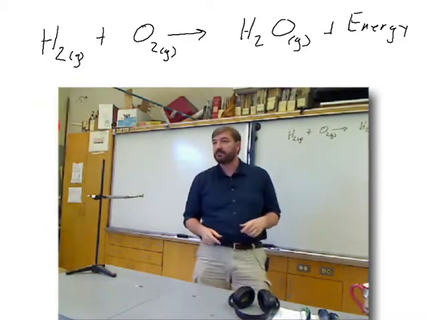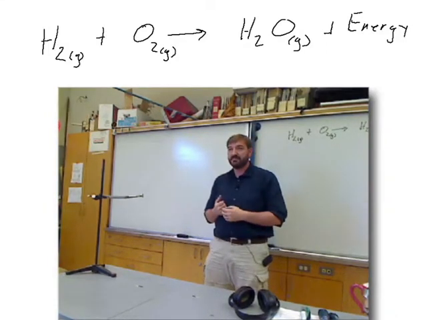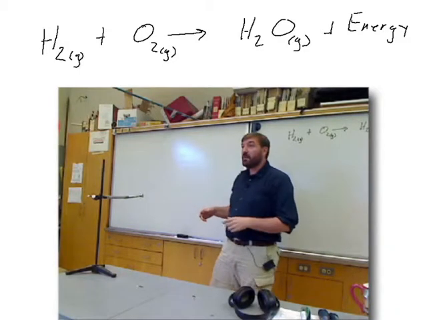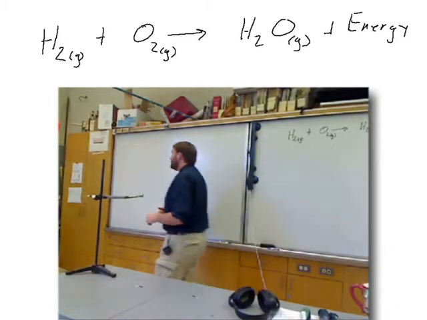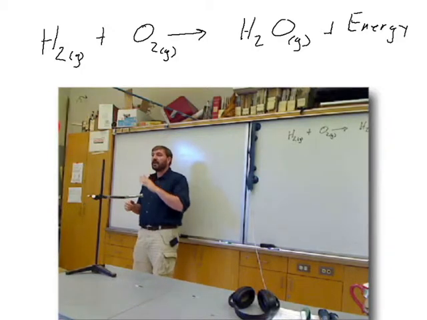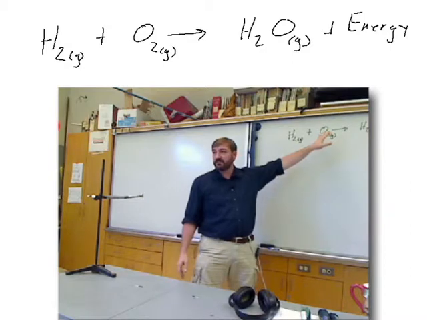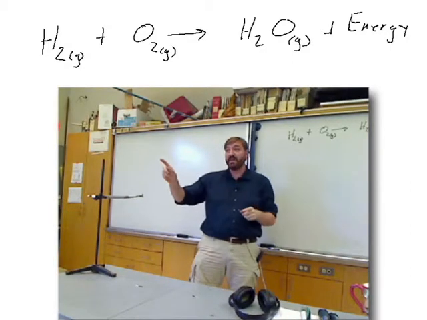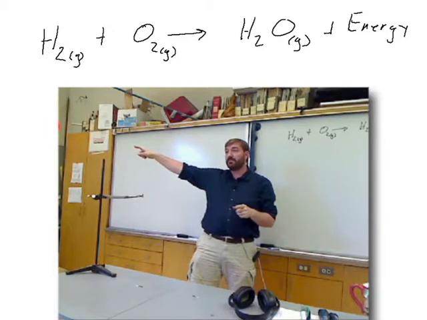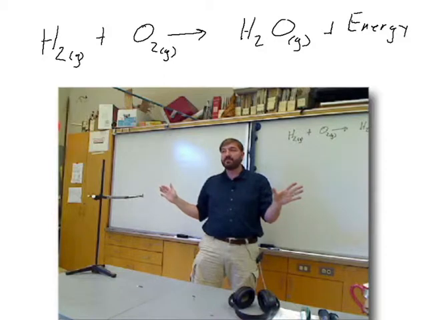What will I run out of first? I'll run out of oxygen first. So all my calculations on the amount of stuff produced need to be based on what I run out of first. I need to base my calculations on my limiting reactant. I will have ethanol left over at the end. There will be unburned ethanol sitting there because there's no more oxygen for it to react with.